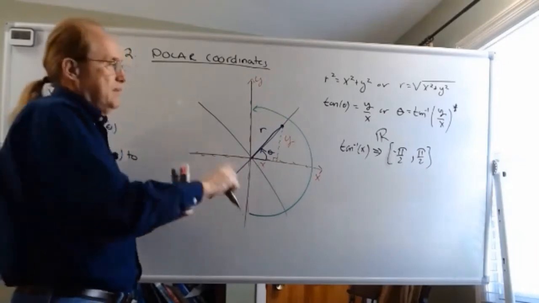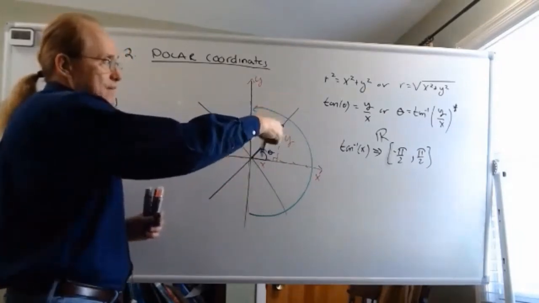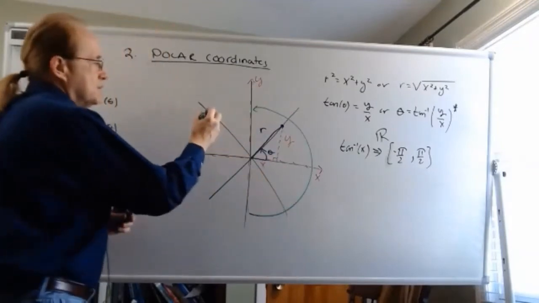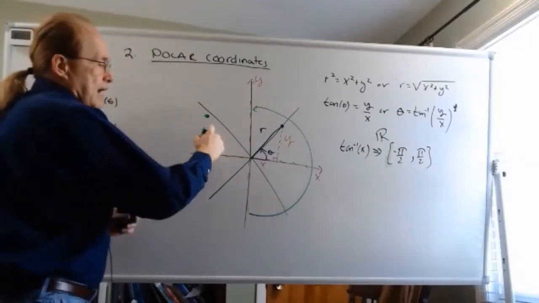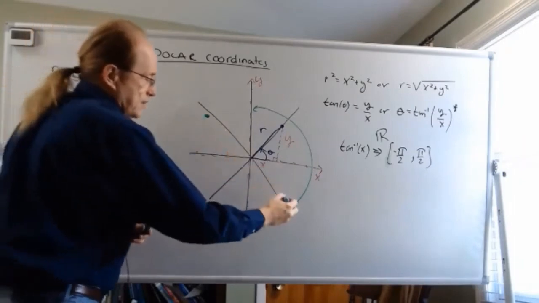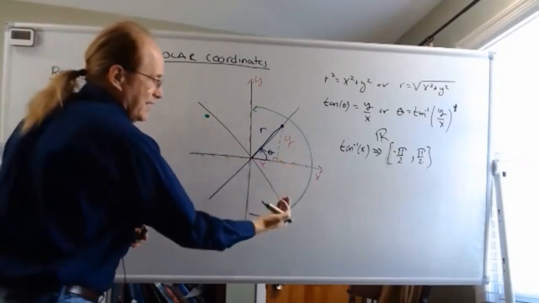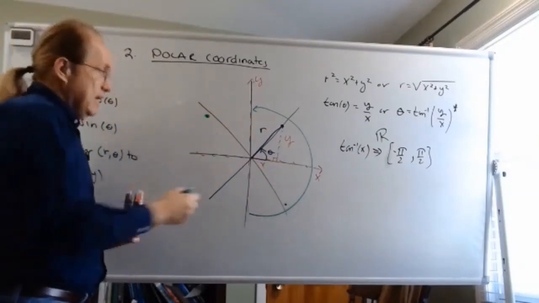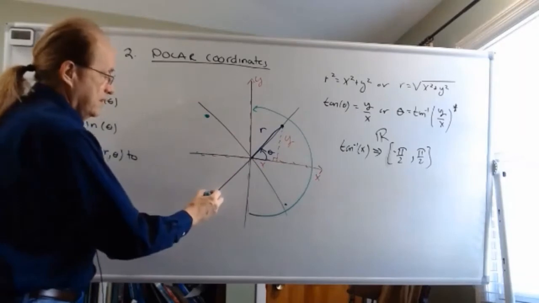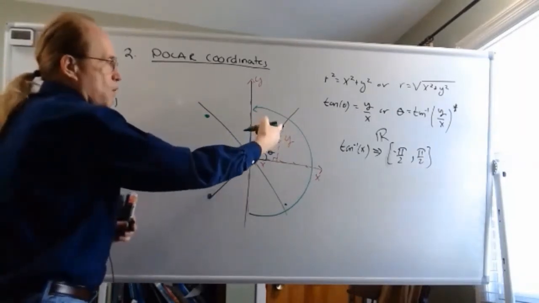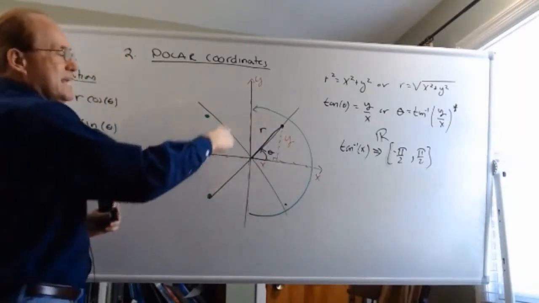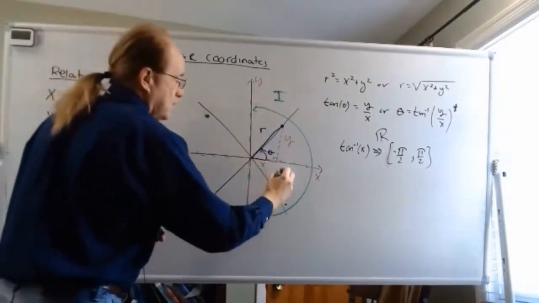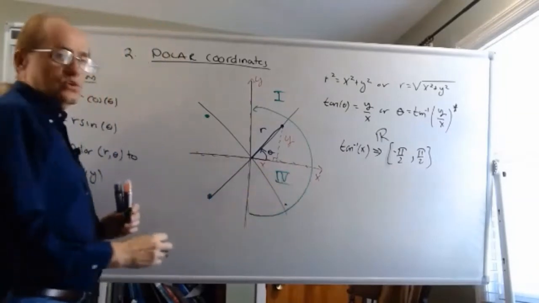It's only going to give me exactly what I want with a positive angle and a positive r in quadrant 1. If the point comes over here, it's going to give me the angle over here, and then I have to add 180 degrees to it. If, however, the point occurs here, it's going to give me the positive, and I'm also going to have to add 180 degrees. So if it's not in quadrant 1 or 4, I have to do extra work.